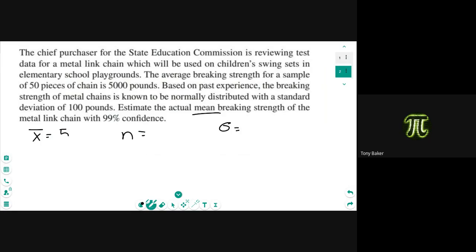I need to know my confidence level. In this case, we're doing a 99% confidence, which gives me what as my Z? 2.575.